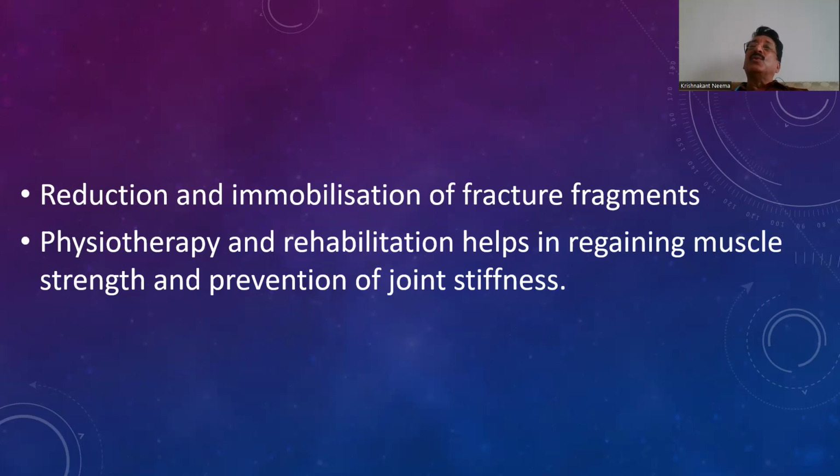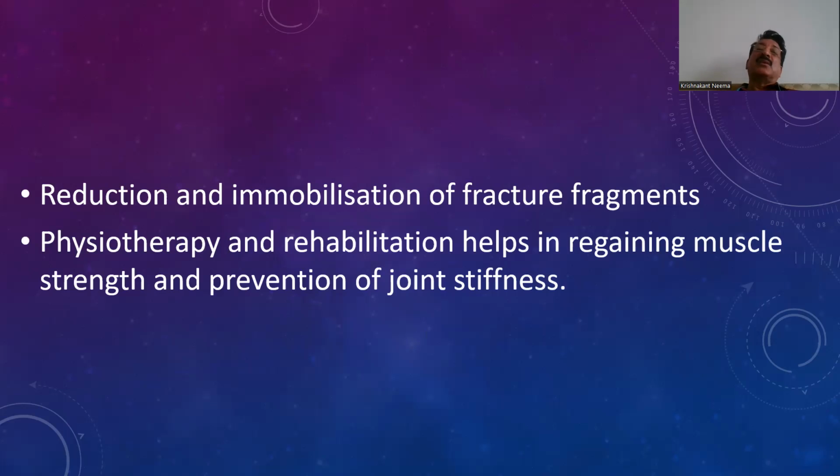Closed reduction means when you, without opening the limb, just by superficial manipulation, you are able to move all the fracture fragments into its normal position. That is reduction by closed methods, or it can be open reduction. That means when you have to cut the skin so that you can control the fracture fragments and hold them and bring them into normal alignment. That is called as open reduction.